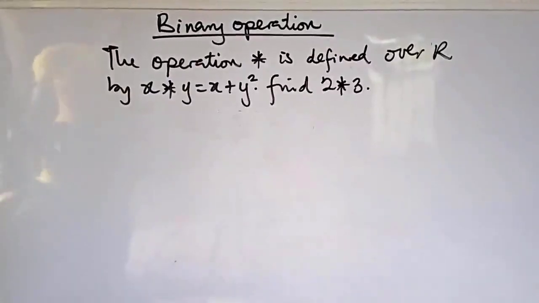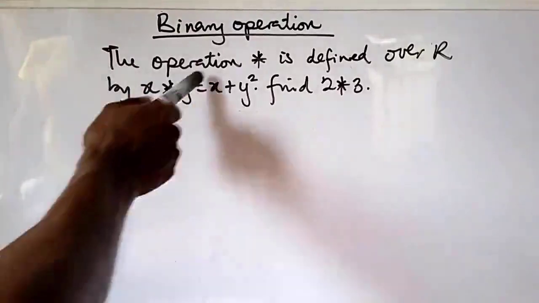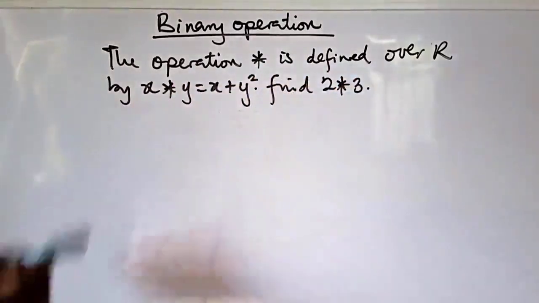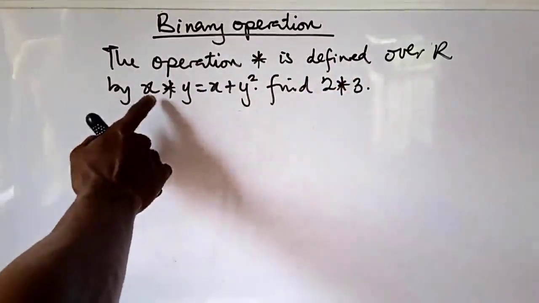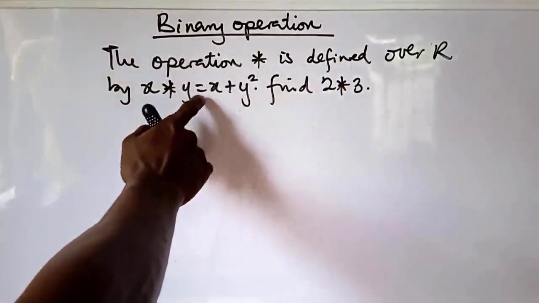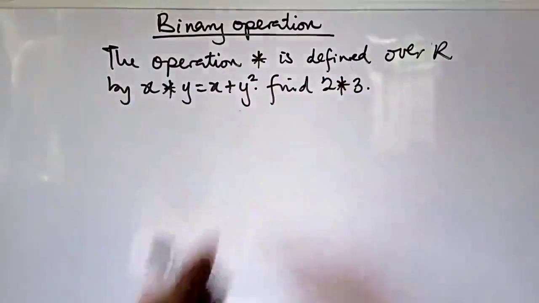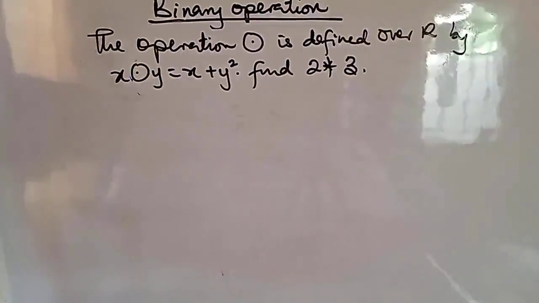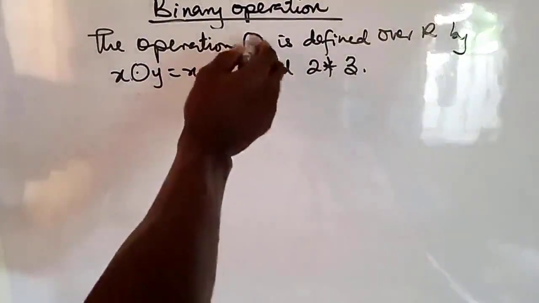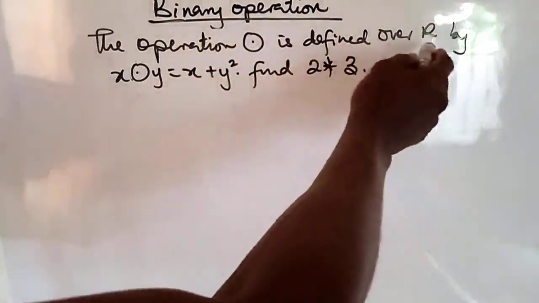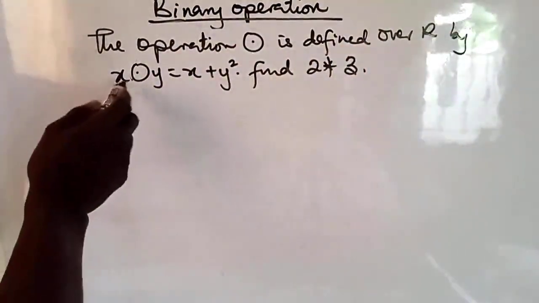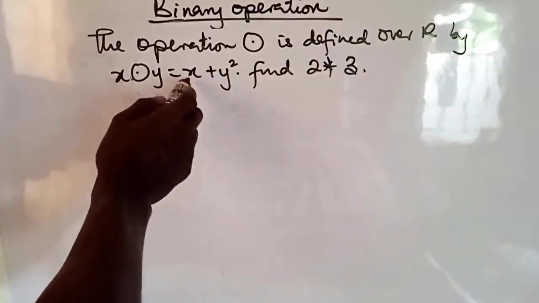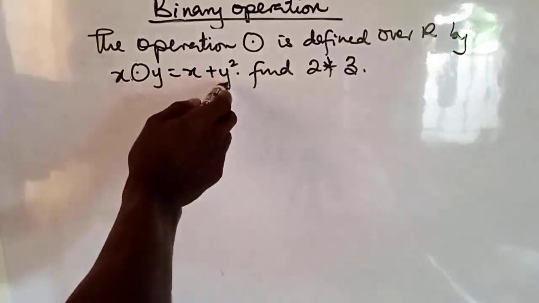Looking at this example, the operation asterisk is defined over R by x operation y equals x plus y squared, which gives us the expression x plus y raised to power 2.